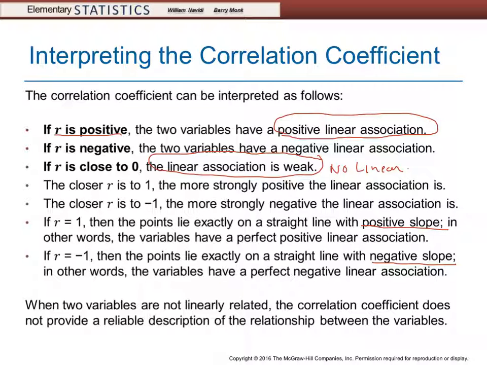Typically, as R gets closer to 0, it's a very weak linear association, and that can happen. So the idea here is R is only talking about the linearity of the data set. And sometimes our data set has other patterns to it that are not linear.